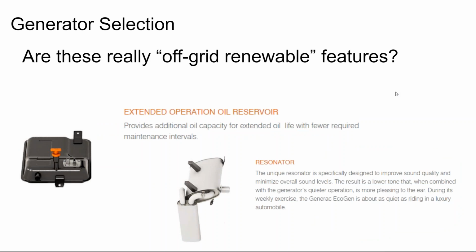Really, the functions of the off-grid renewable generator are: it has more oil, so you don't need to maintain it as much, and it has soundproofing to reduce the noise, under the understanding that these are generators you're going to be using frequently rather than like a backup generator for a home, which you use infrequently.